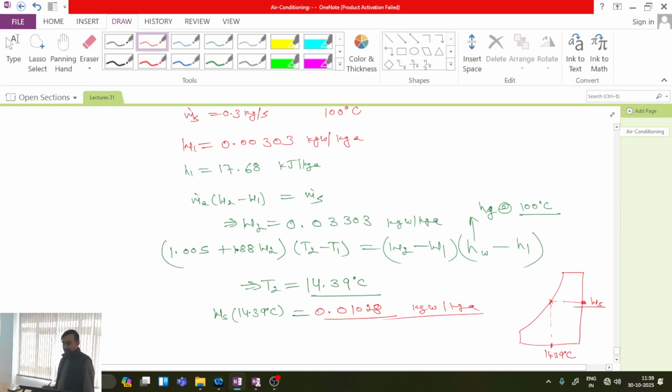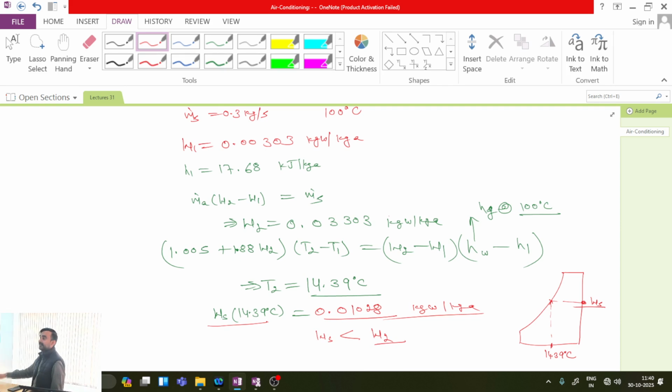Is this point clear? When I observe the value of WS, it is 0.01028, and WS is less in comparison to W2, which is 0.03303. It means that the outlet humidity we calculated is even greater than saturated air.